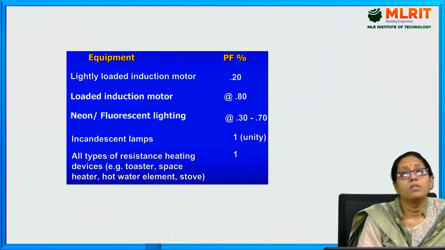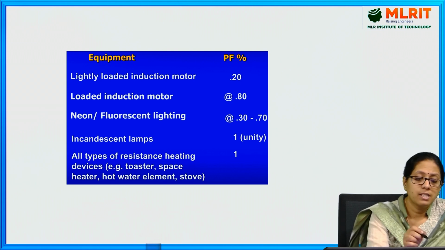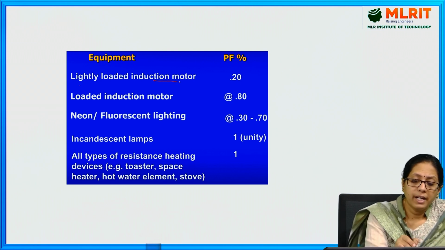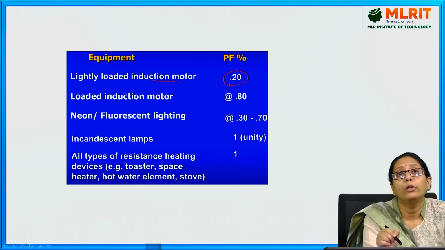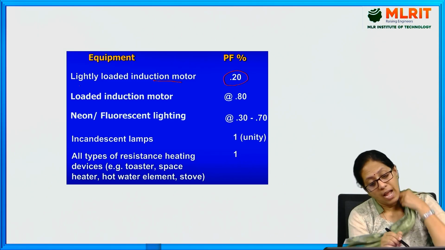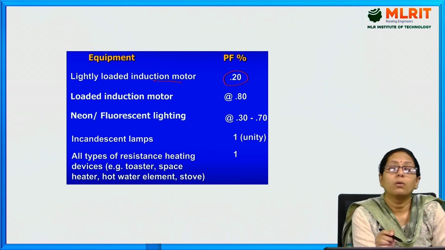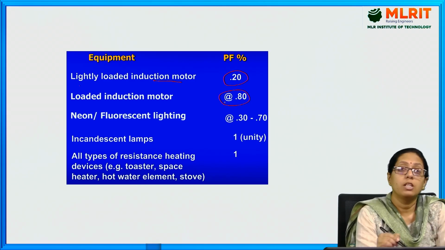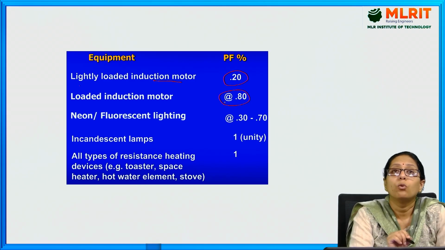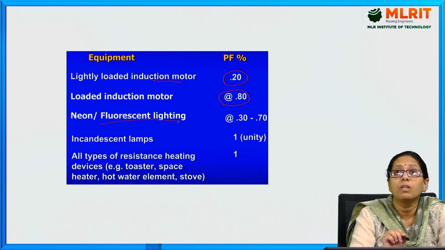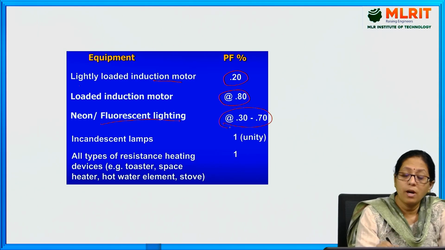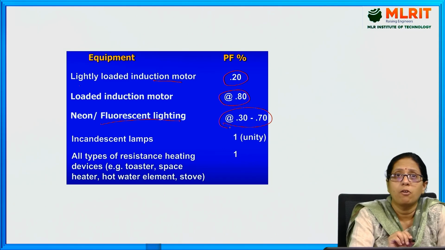Here are some examples of equipment. A lightly loaded inductive motor will have a power factor of 0.2 and a highly loaded inductive motor will have around 0.8. Neon or fluorescent lighting will have around 0.3 to 0.7 power factor.